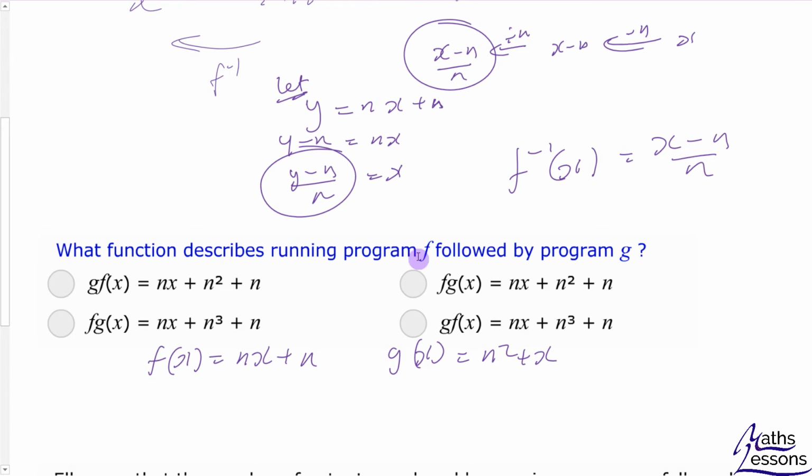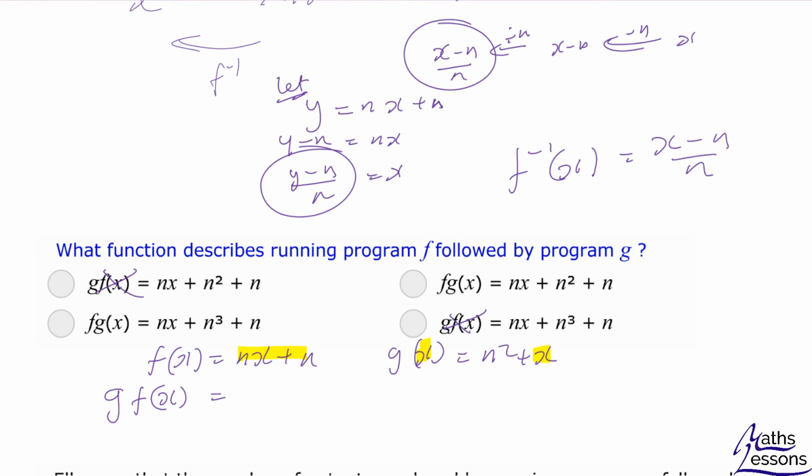Right, so if you do f followed by g, that actually means gf of x, because you're doing f first, then you do g. So we know we're not going to be this one, and we're not going to be this one. So which of these two is f followed by g? We're going to take the f and put it in where the x is in the g.